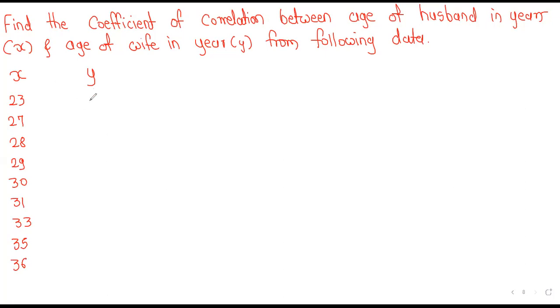And the values of y are 18, 20, 22, 21, 29, 27, 29, 28 and 29. So we have to find the coefficient of correlation.